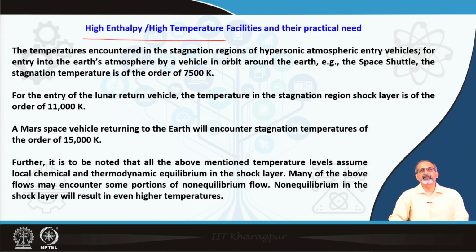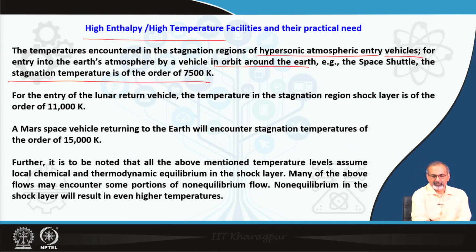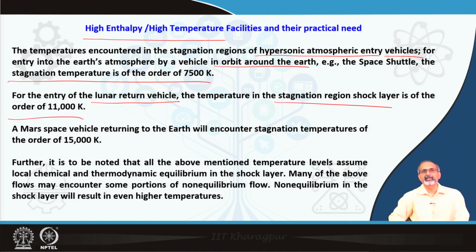The temperatures encountered in the stagnation regions of hypersonic re-entry vehicles, where it is atmospheric entry by a vehicle in Earth orbit, typically like the space shuttle, would give rise to stagnation temperatures of the order of about 7500 Kelvin, while if we are talking about a lunar return vehicle, then the stagnation region in the shock layer would immediately increase to a few thousand Kelvin more, which is about 11,000 Kelvin.